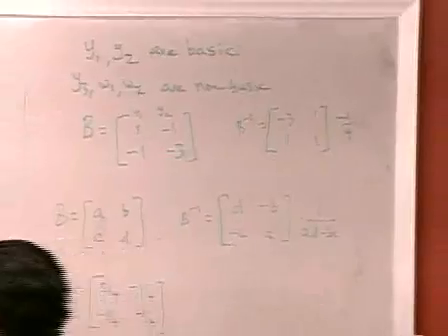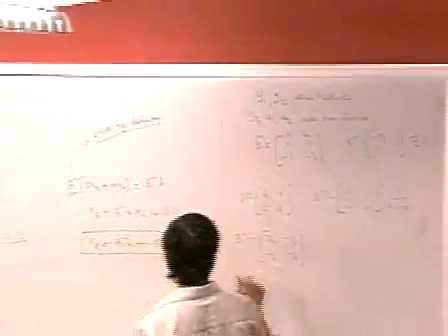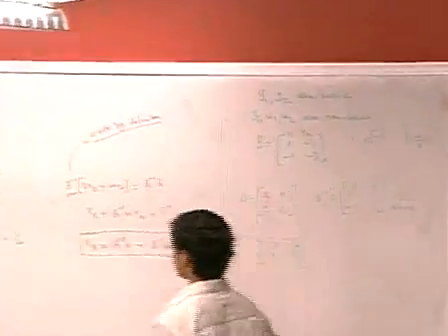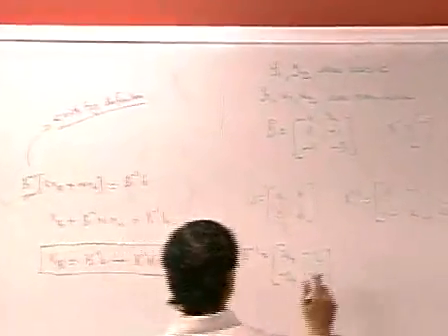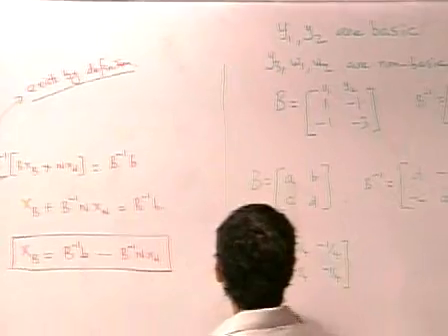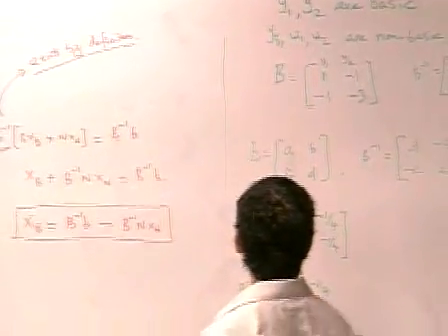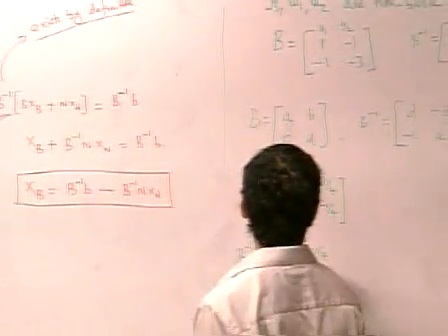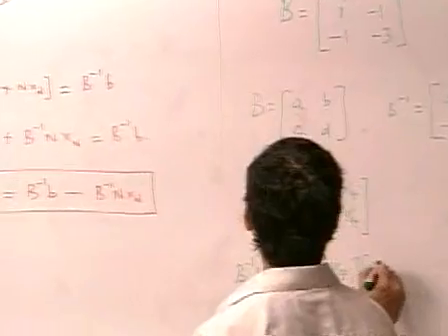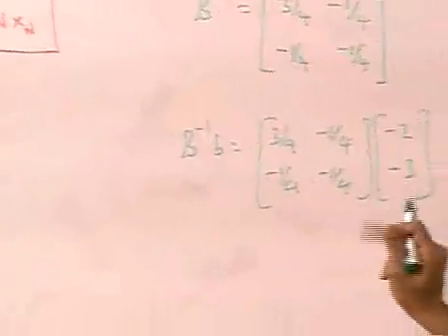Let's actually compute this vector. Okay? So what is B inverse times b? So B inverse b is 3 over 4, 1 over 4, 1 over 4, 1 over 4, times -2, -3. Right? That is the b vector.